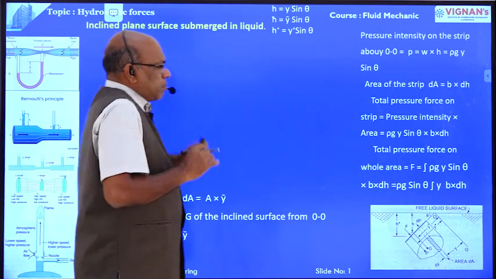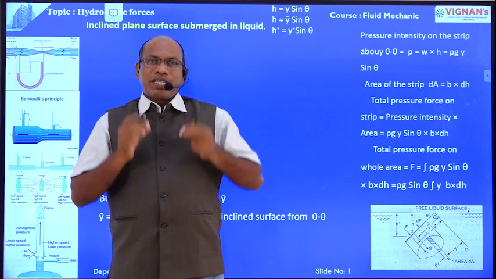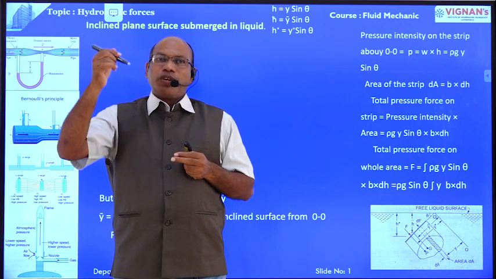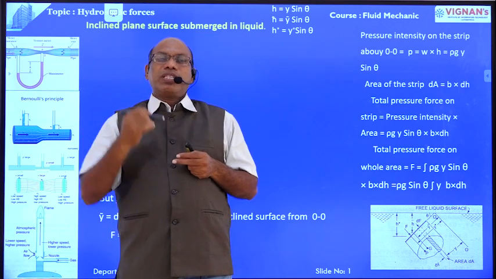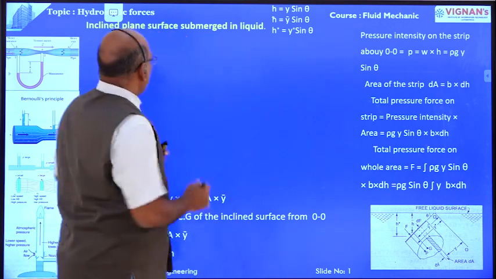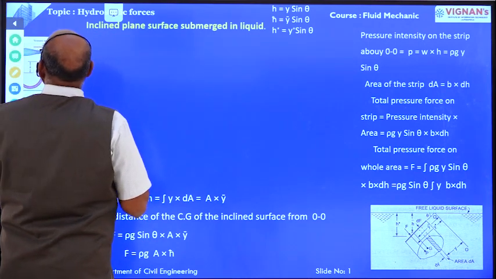Next, same steps. First we are going to determine the total pressure if the plane surface is immersed in liquid in such a way that it makes an angle theta with the free surface. Now the pressure intensity, same steps as in the earlier case.